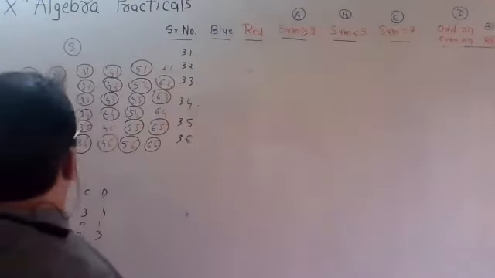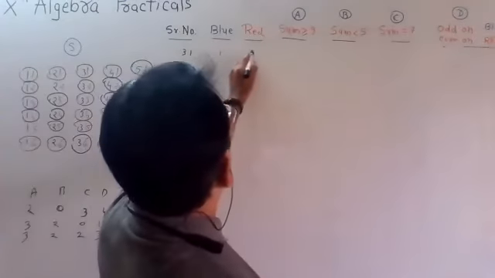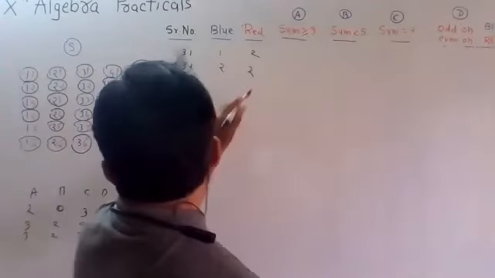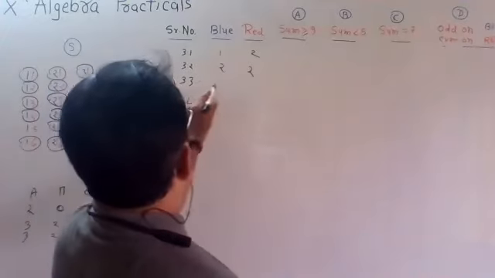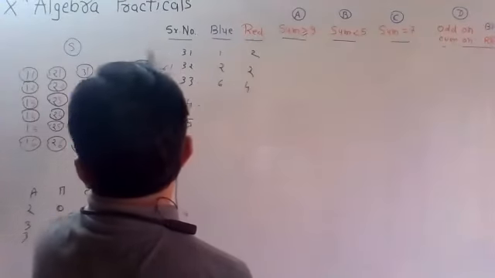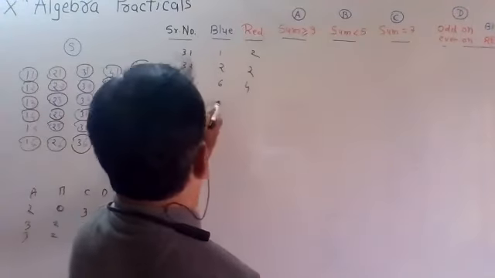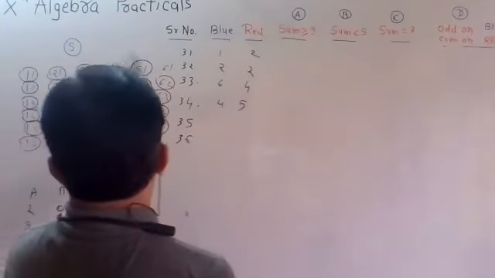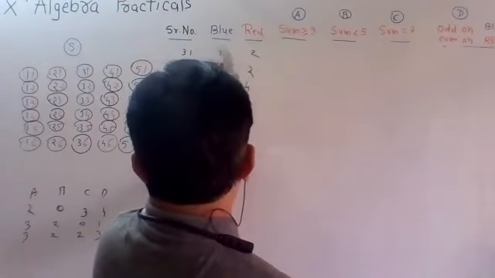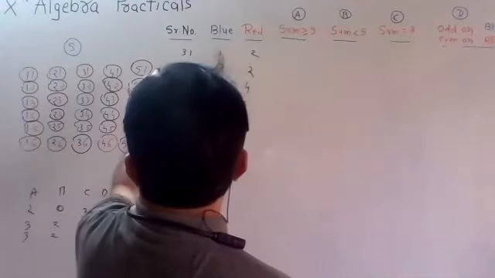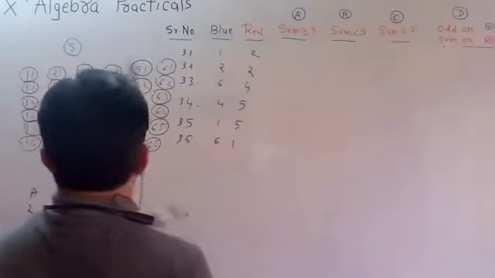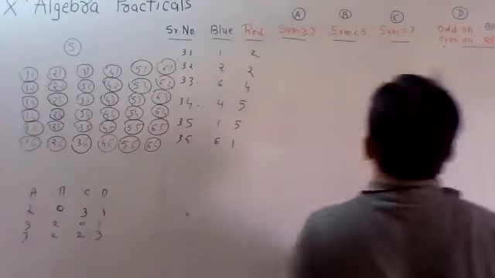Which remain: 1 and 2, 2 and 2, 6 and 4, 4 and 5, 1 and 5, 6 and 1. Okay, 36 covered.